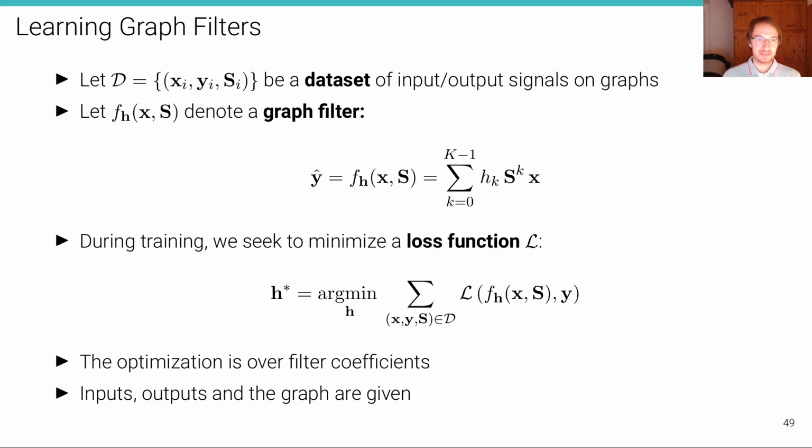Let calligraphic D denote a data set of input and output signals on the graph, as well as the graph representation itself. So this data set is composed of triplets, x_i, y_i, and S_i.